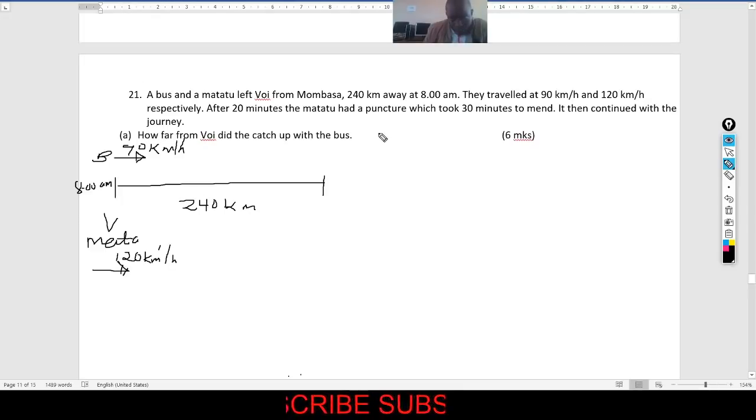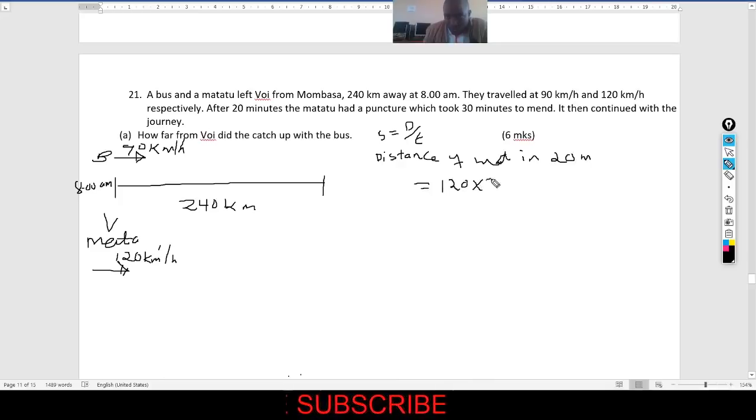We know that speed equals distance over time, so distance equals the speed of the matatu, 120, times the time, 20.